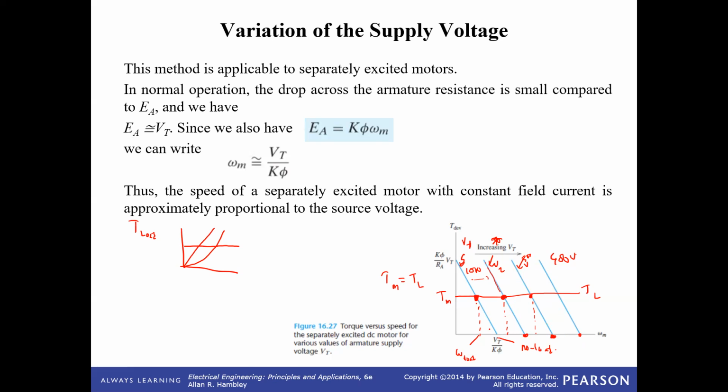Okay, so the speed regulation, as you can see here, this is the no load speed for 100 volts. So this is the full load speed. So the speed regulation, as you already know, is equivalent to the no load speed minus the full load speed, over the no load speed.